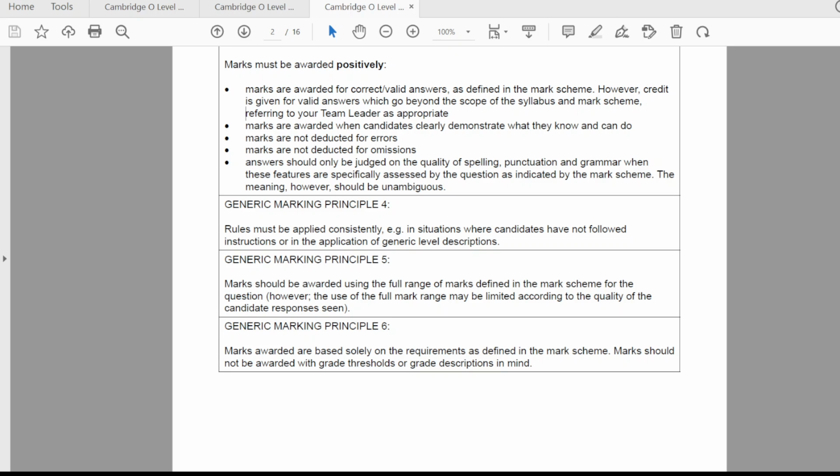But if your spelling or punctuation or grammar is so grossly incorrect or inaccurate that it does not convey the meaning of your answer clearly, or it changes the meaning of the answer, then yes, you will be losing marks, right? So yes, the meaning should be unambiguous. So the meaning should be clear, even despite those mistakes, if the spelling, punctuation, or grammar is not the criteria of grading the answer.